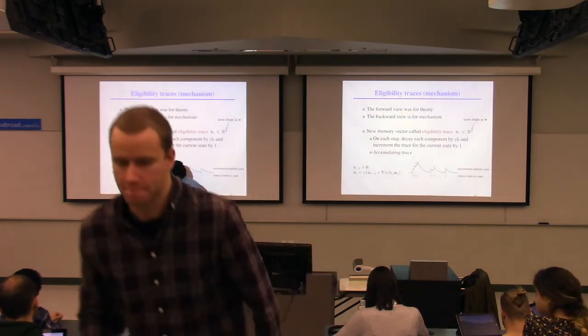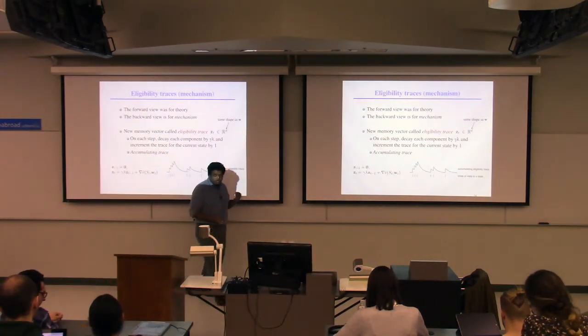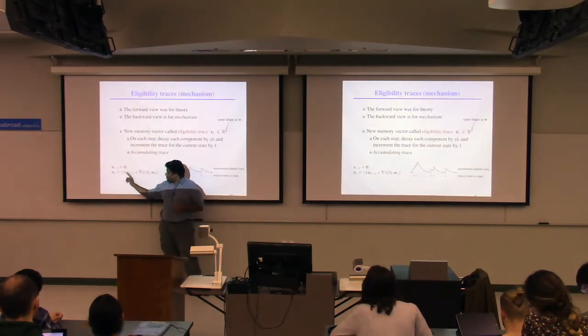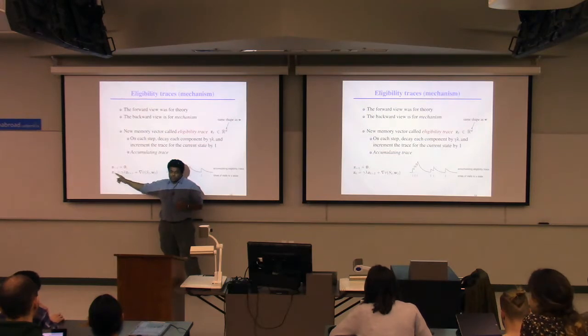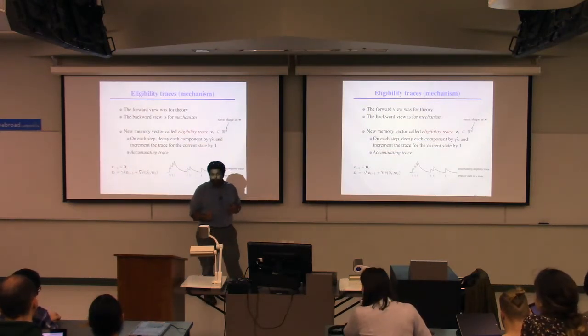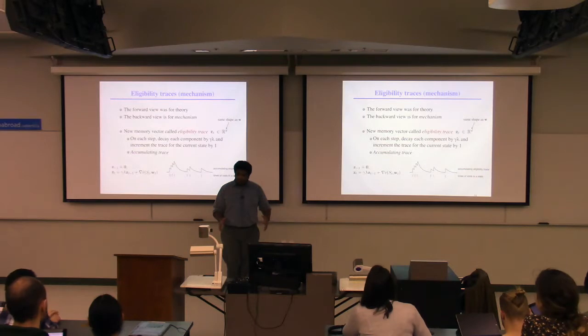So z of t minus 1 here would never be larger than z of t, just if you had that term. And then we add on the feature vector, right? So accumulating traces says, take my last eligibility trace, decay it by a little bit, and then add on my new feature vector.